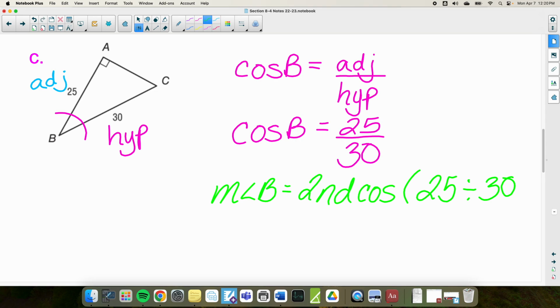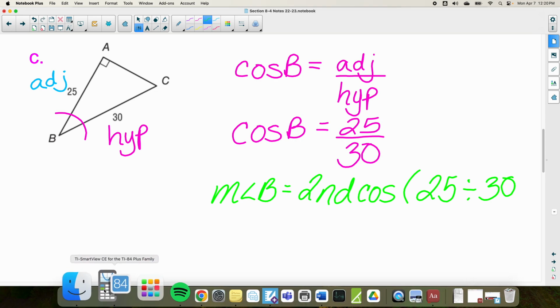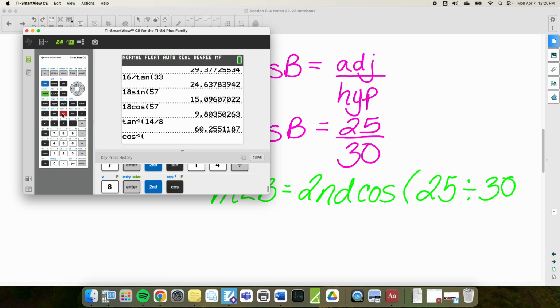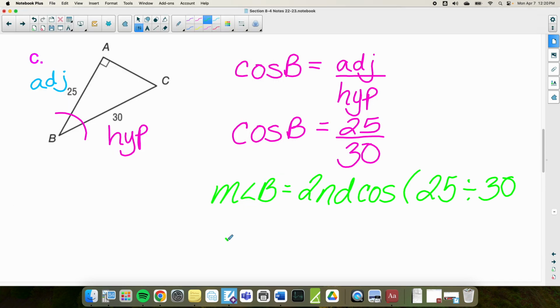So if we go to our calculator to do that, second cosine 25 divided by 30, we're gonna get 33.56. Okay.